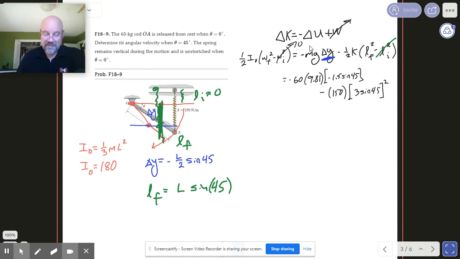You can see here that this first term, which is the work due to gravity, is going to be positive. So that's the term trying to increase the kinetic energy, whereas this one, the spring energy term, is negative. So that's going to act to slow it down as it's moving. The net effect of all that is we get 286.8.